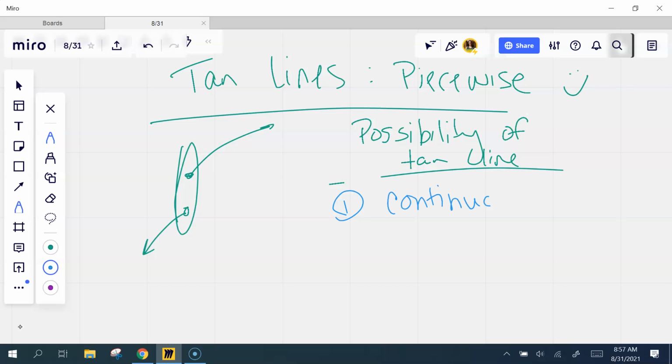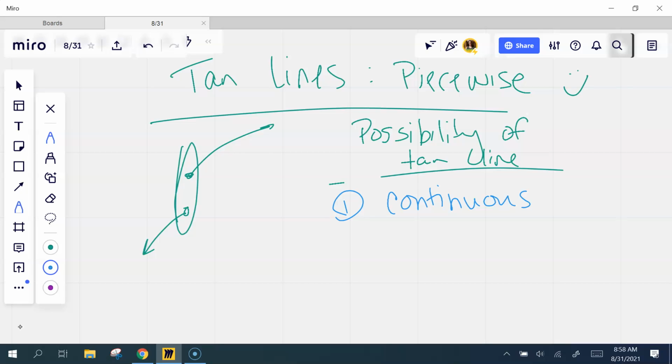So how do I check for continuity? What's the definition of continuity? Give it to me in limit form. The limit as x approaches from the left is the same as the limit as x approaches from the right, which is also the same as the function value at that point.